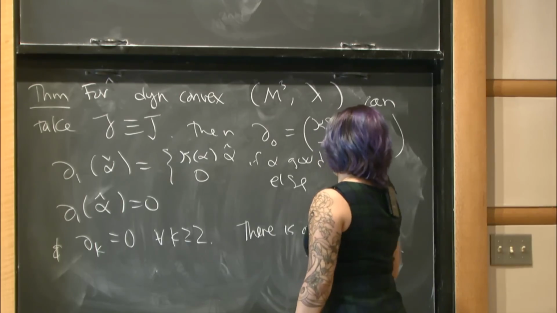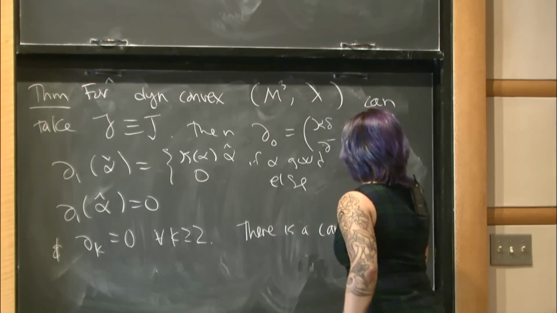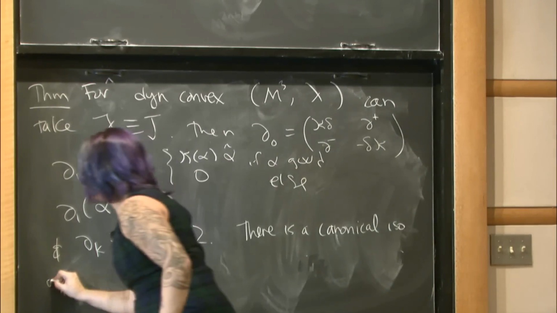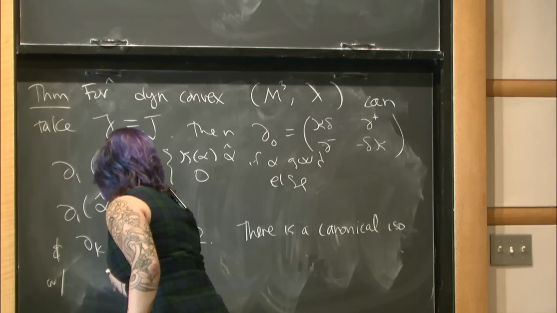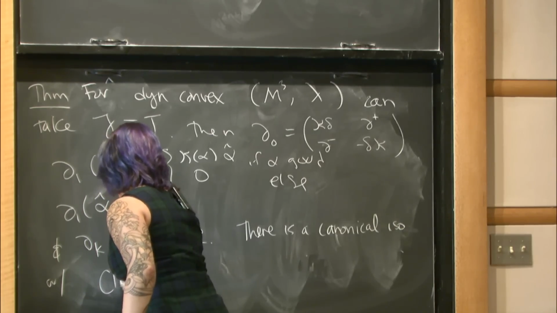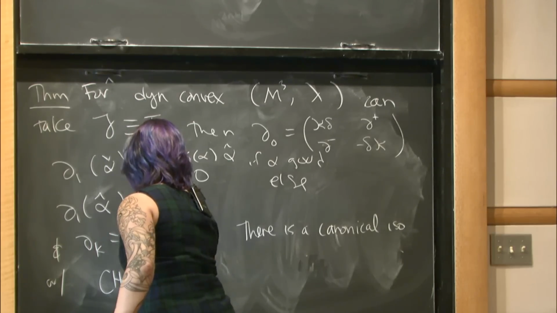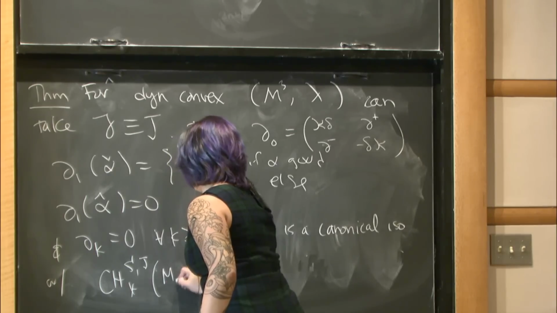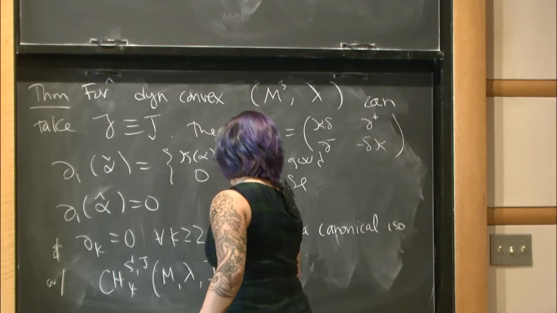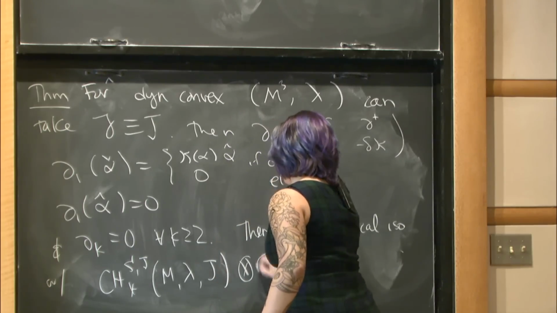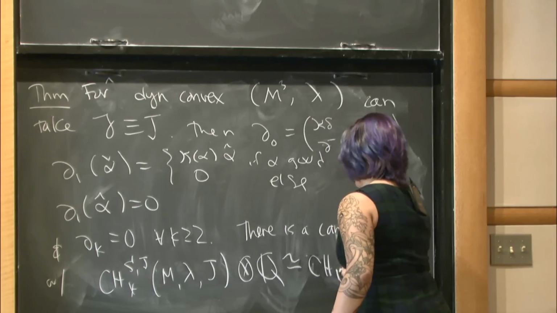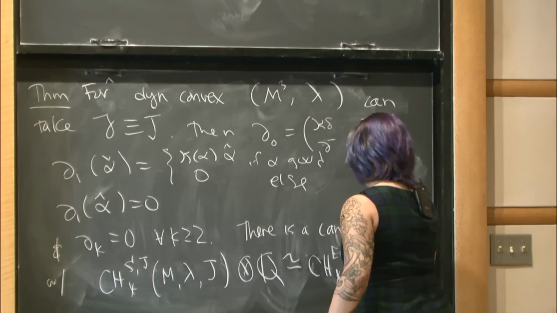there is a canonical isomorphism with the S1 equivariant contact homology with this time-independent J. So this depends on M, lambda, and J. We tensor it with Q, and we'll get the contact homology defined by Eliashberg, Givental, and Hofer.